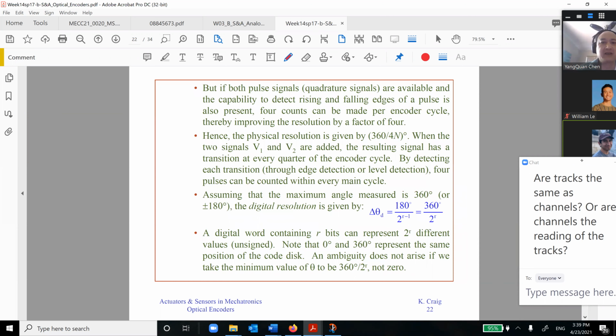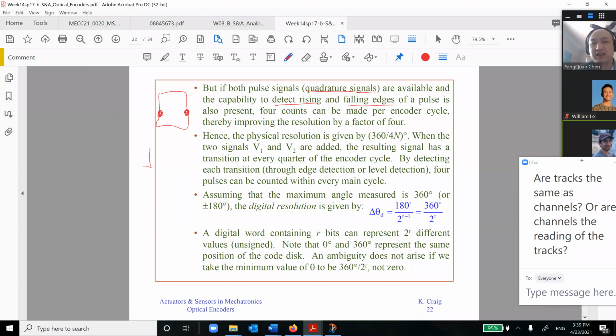But if we use a quadrature signal, meaning I have a window here, I put one pickup point here, and another sensor here, with this distance, so there's a phase shift between them. Then I get these two channels. So we detect both the rising edge and falling edge.